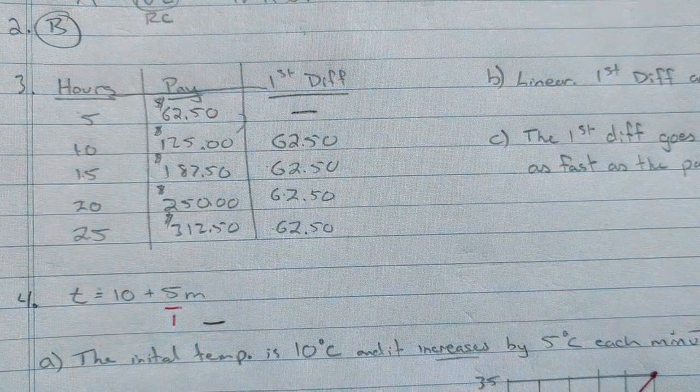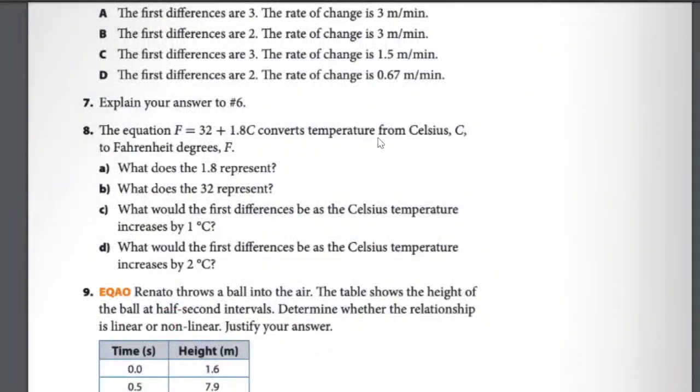So in this part D, what it says is, what would the first differences be as the Celsius temperature increases by 2 degrees Celsius? So it's 1.8 for 1 degree, and so we just double that 1.8 and we would get 3.6. So for part D, the first differences, increasing the table by 2 degrees, would be 3.6 degrees Celsius.